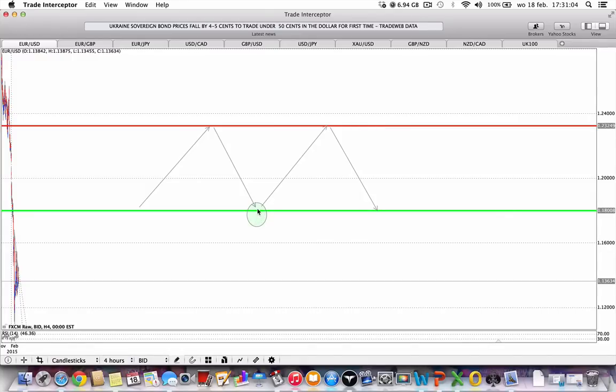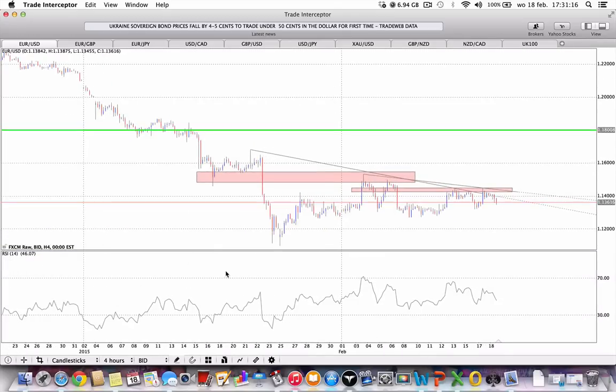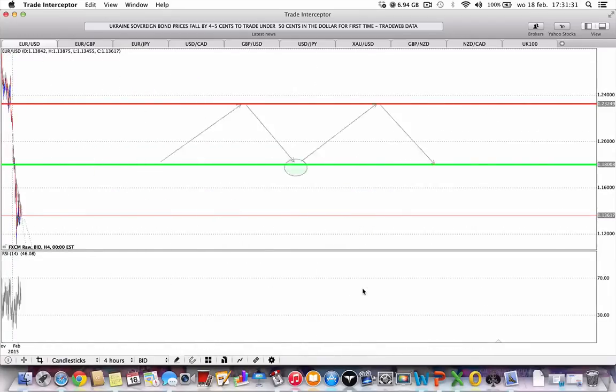What a good confirmation could be would be another indicator, such as your relative strength index, your RSI. For those who don't know what an RSI is, it's basically an index which tells if a certain currency pair or stock or commodity is oversold or overbought, and that's a great tool that you can use along with support and resistance.